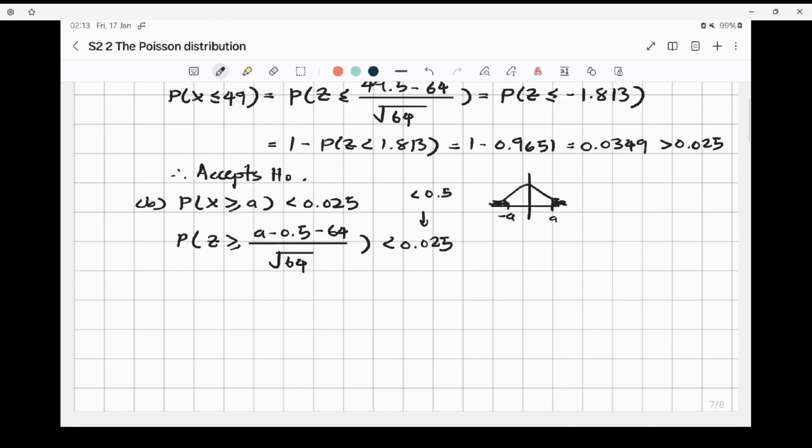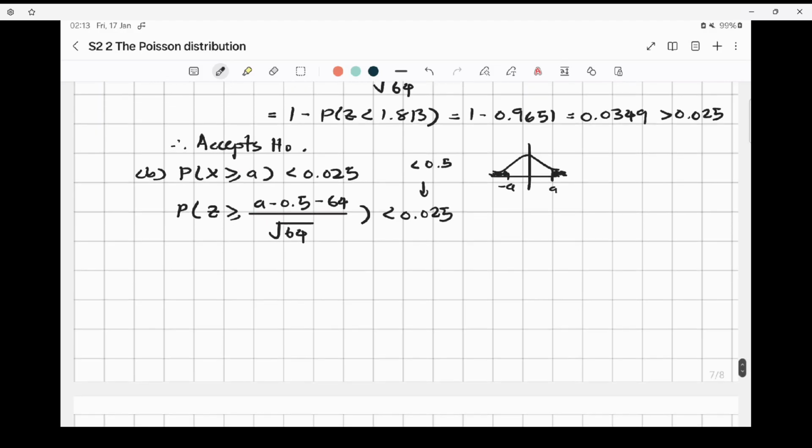So what you can do instead is to change the direction of this, because right now it is greater or equals. For this particular scenario, your a most probably is here because of the direction of the inequality.